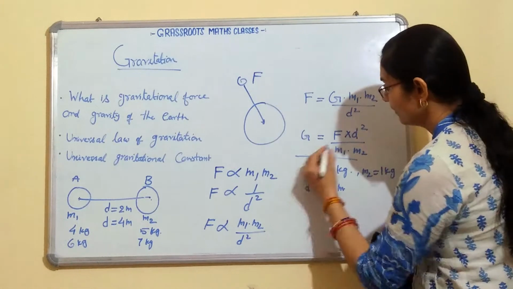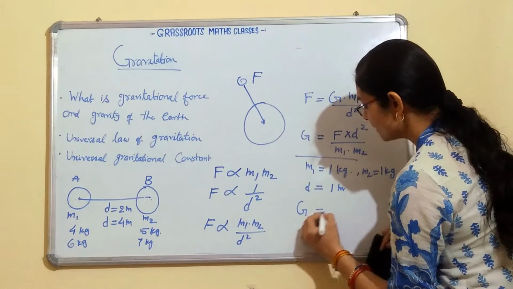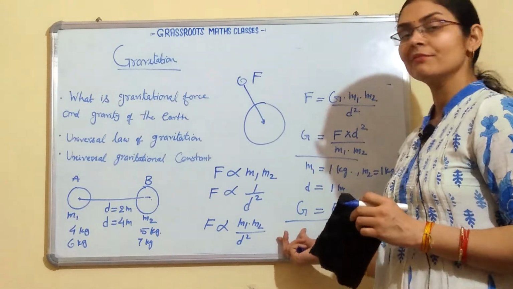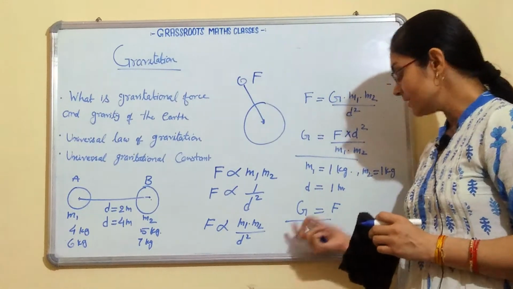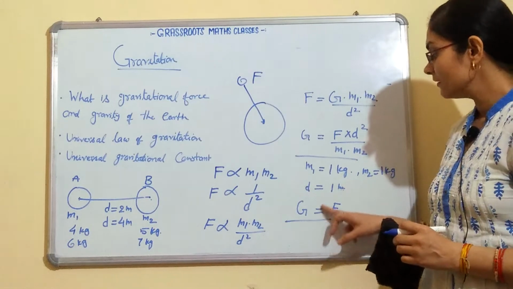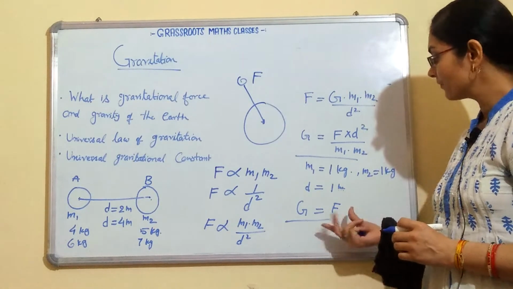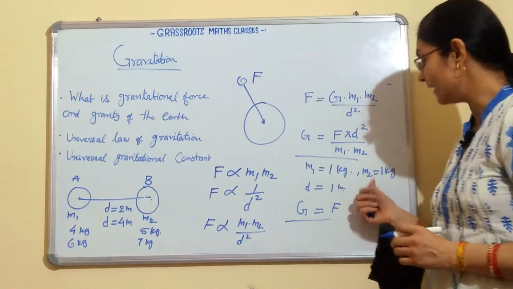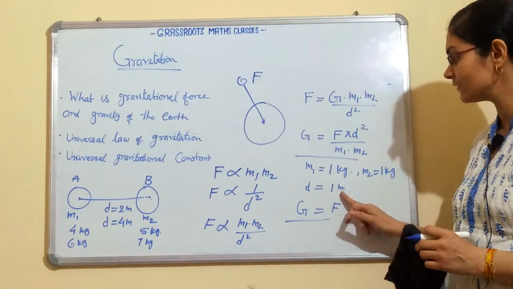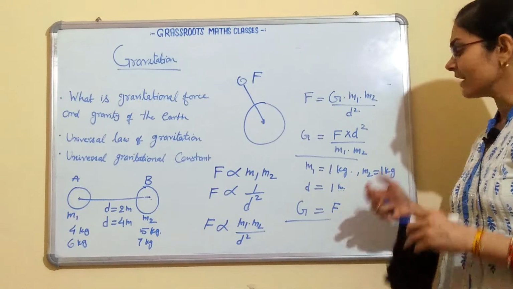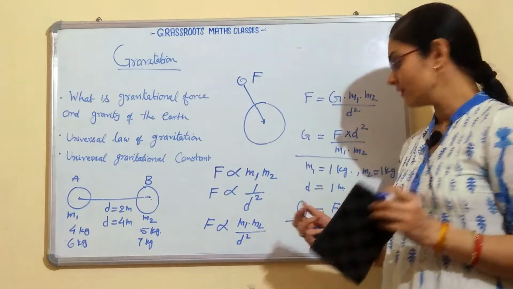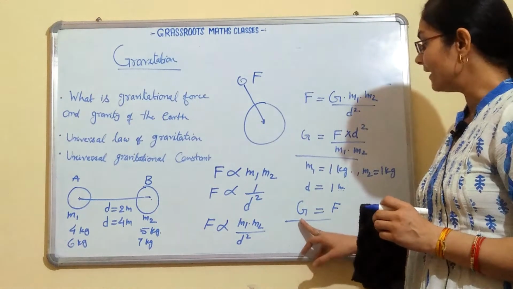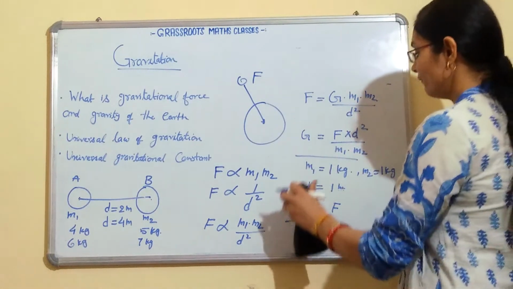Then by this equation we get G is equal to F. That means the universal gravitational constant is defined as the force of gravitation between two objects of unit masses and separated by a unit distance from each other, placed anywhere in the space. Clear?